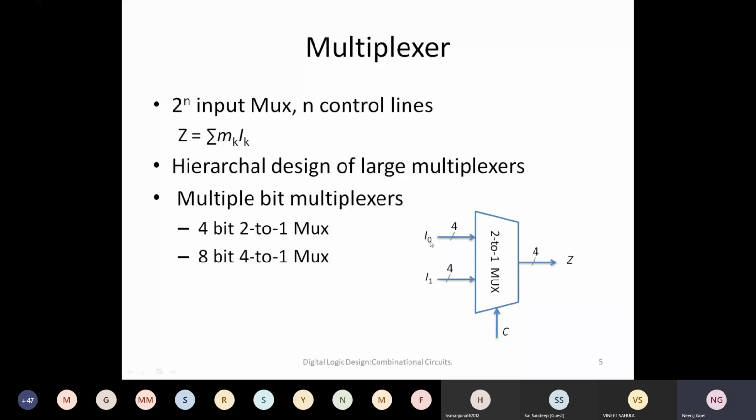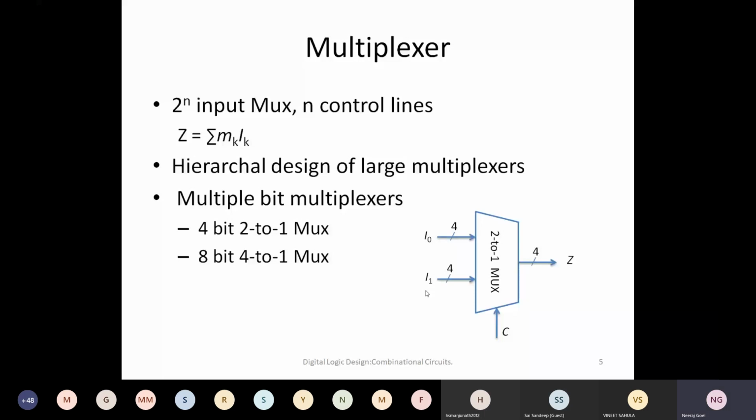If C is 1, then the 4 bits of Z would be equal to the 4 bits of I1. With this background, let us see how we can use this multiplexer in different applications.